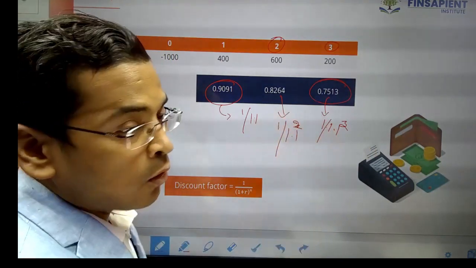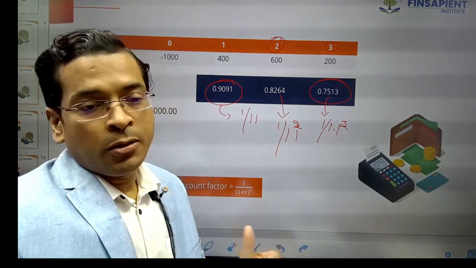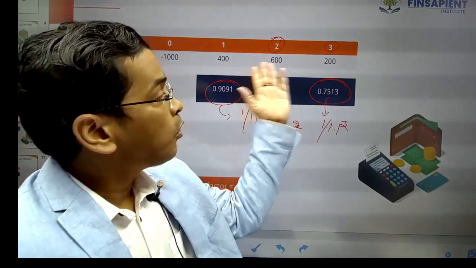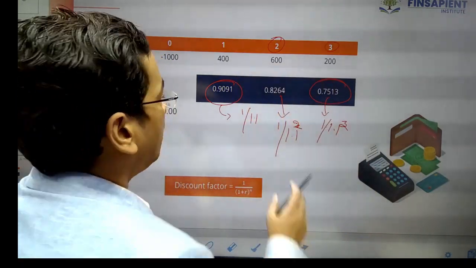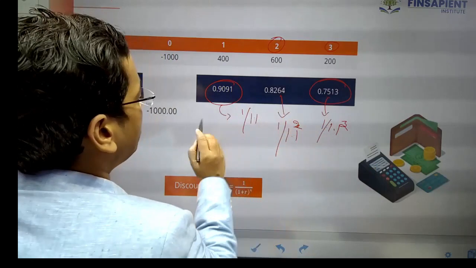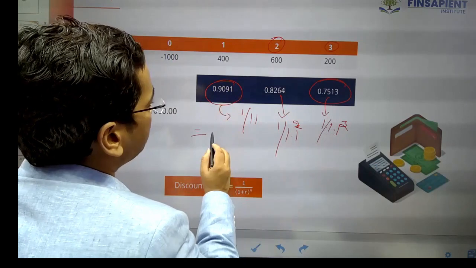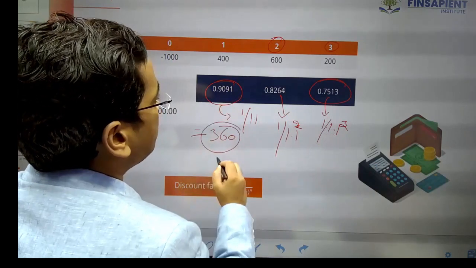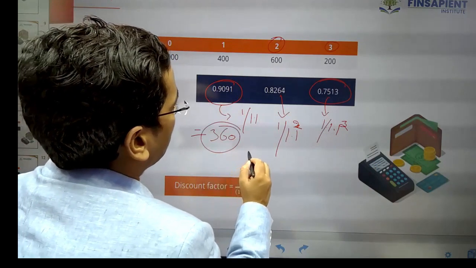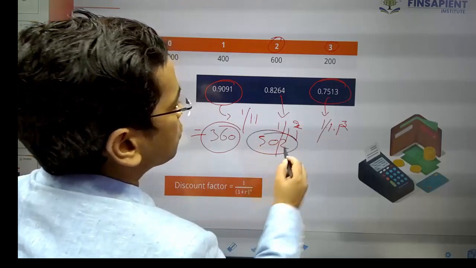What do we do with this now? We have learned in the previous example that we can just multiply the dollar value, the cash value, with the discount factor. And if we do so, we will get a lesser number. For example, almost $360 here, and then some 502 maybe here, and so on.